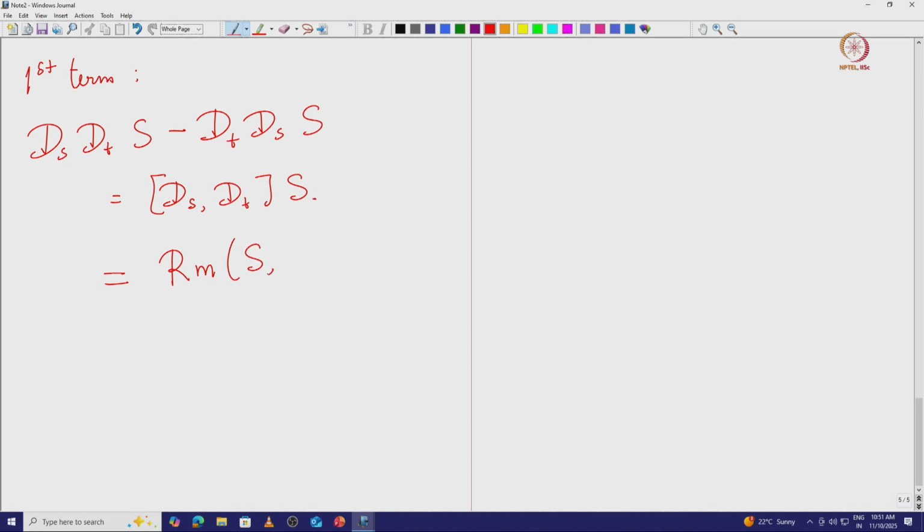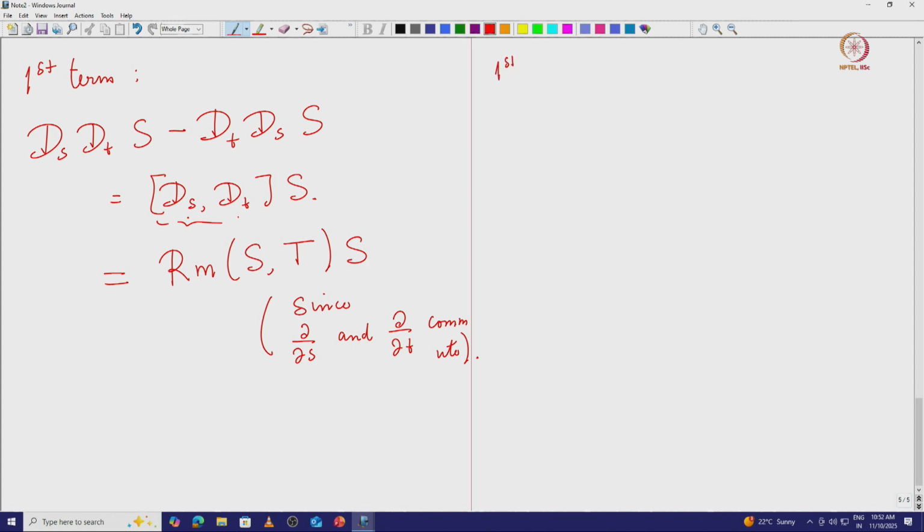So it's precisely equal to R(S, T) acting on S. Why? Because clearly ∂/∂s and ∂/∂t commute. Okay, so they are like independent variables, so they commute.